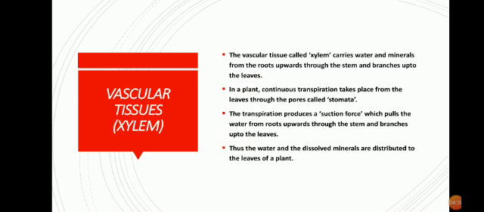In order to carry water and dissolved minerals, as well as the prepared food, that is glucose, the plant has a transport system inside it. This transport system consists of long tubes called xylem and phloem, as I said earlier, and they carry the various substances in solution form.